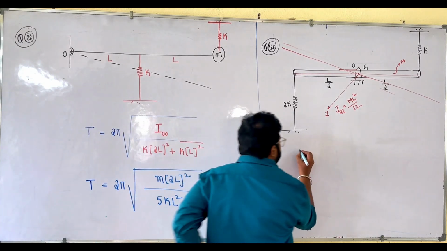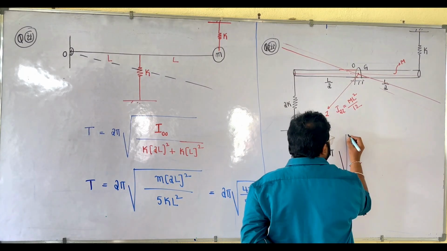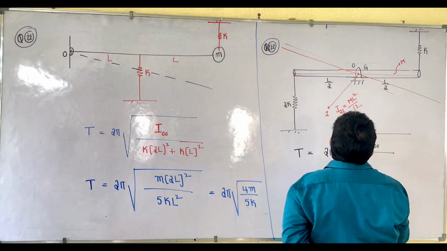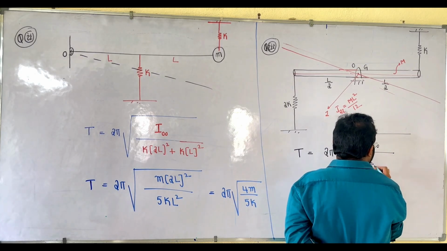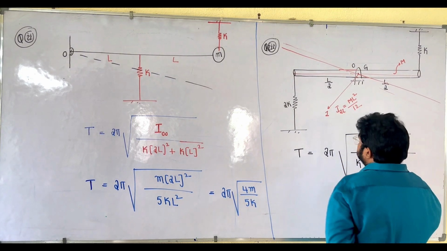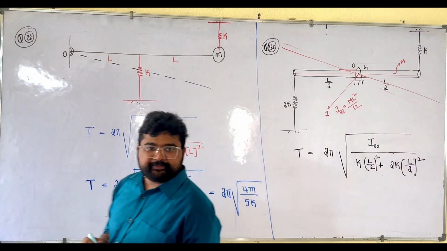Now tell me, what is the time period of oscillation? 2 pi square root of. You are giving disturbance about which point? O. Denominator: K into L by 2 whole square plus 2K into L by 2 whole square.